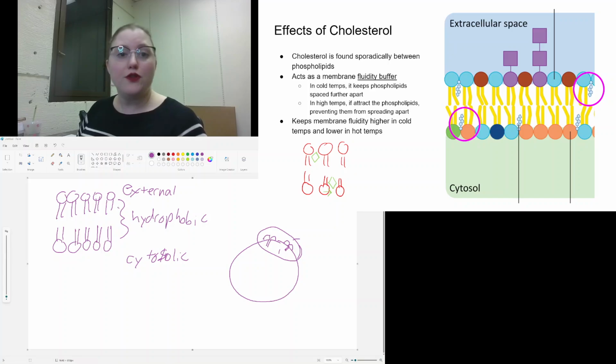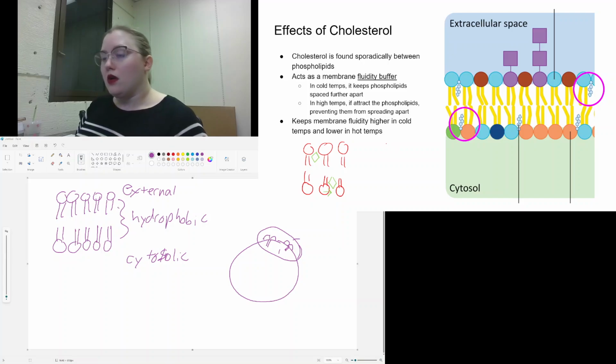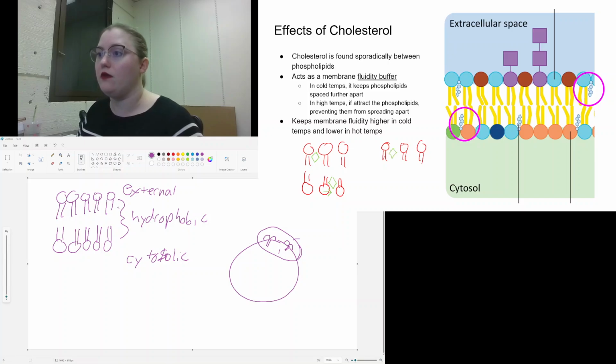But cholesterol also works in the opposite way. Remember, it has that little bit of polarity on the end, it's our oxygen, on the end of the cholesterol. So we got a little bit of polarity. And so the polar portions of our phospholipids are kind of drawn to the cholesterol too.